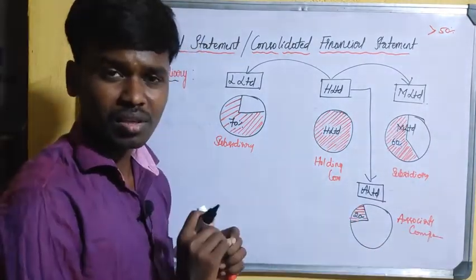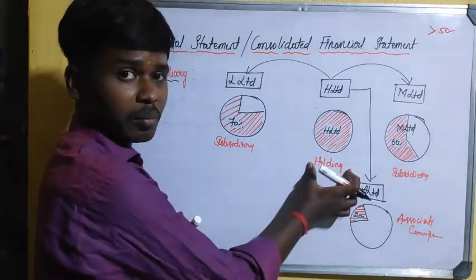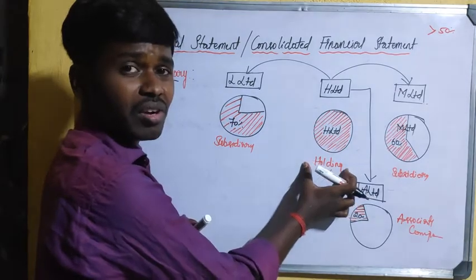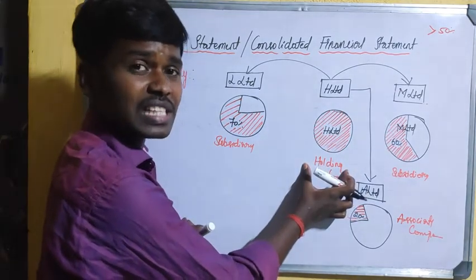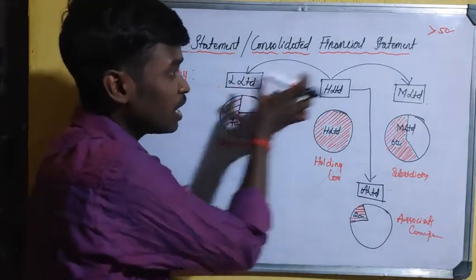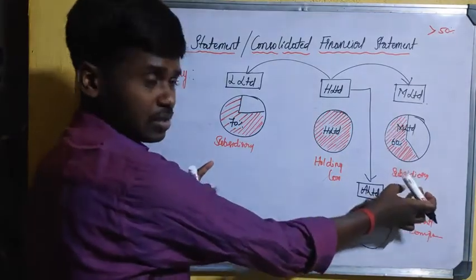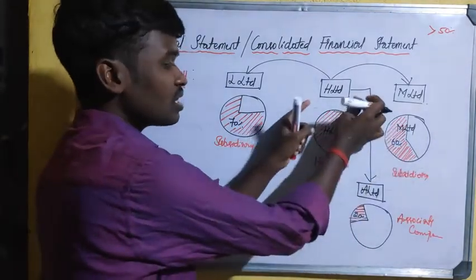While preparing the consolidated financial statement, H Limited, the parent company or holding company, is going to consolidate the balance sheet, cash flow statement, income and expense statement of L Limited and M Limited, because both are the multiple subsidiaries. So both are subsidiary companies to this H Limited.